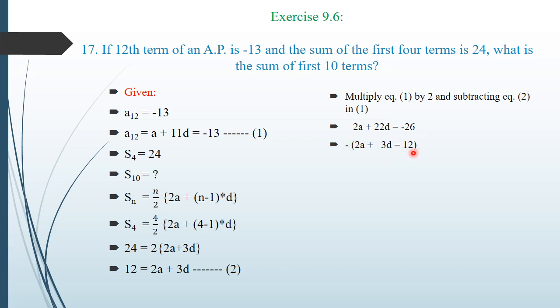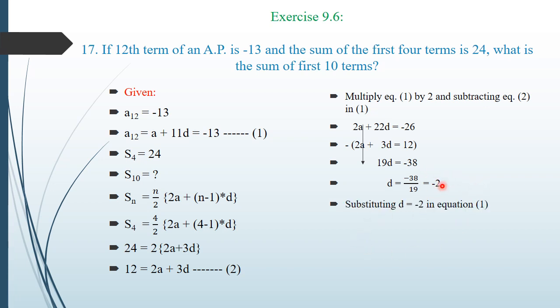This minus is outside the bracket, which means it is applicable to all the terms inside the bracket. Now 2a will get cancelled with this minus 2a here. Then 22d minus 3d will be 19d, and minus 26 minus 12 will be minus 38. Solving this, I'll get the d value as minus 2 here.